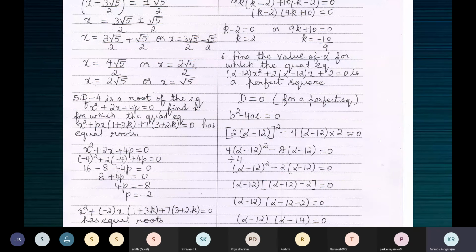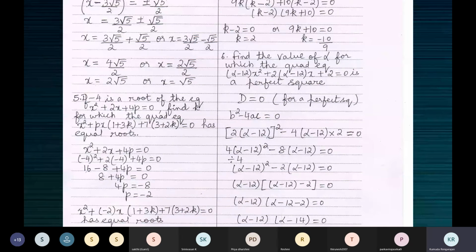You started with a perfect square, 2x minus 5 the whole square. The quadratic equation is a perfect square. You expanded that and you got 4x square minus 20x plus 25. When you find the discriminant of an equation which is a perfect square, the value of D is 0. You just checked it yourself.